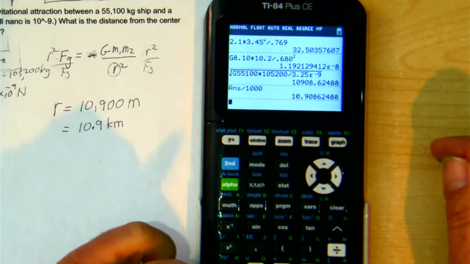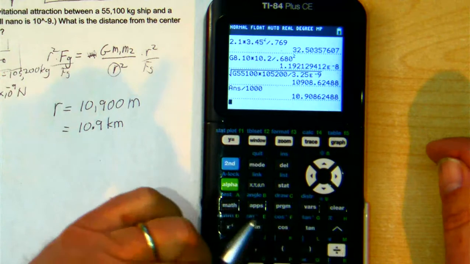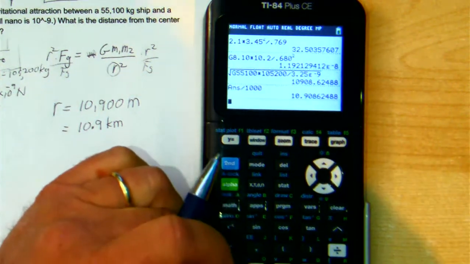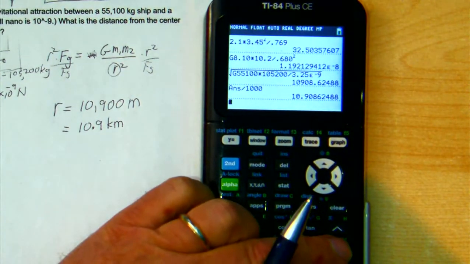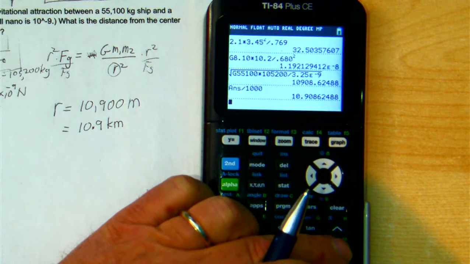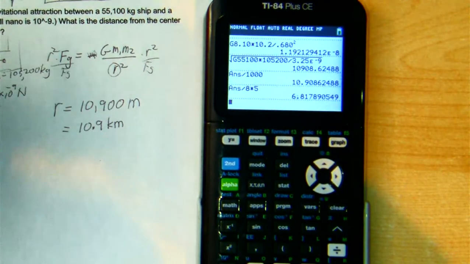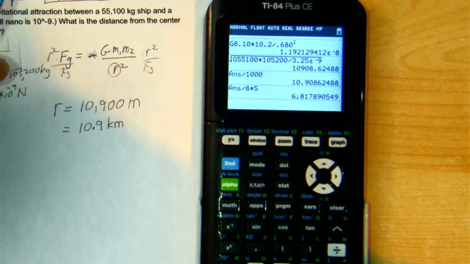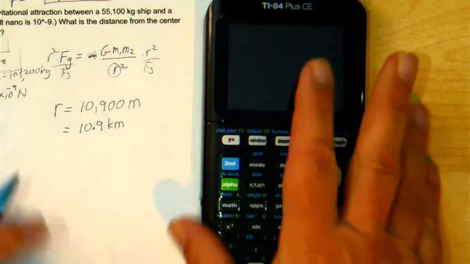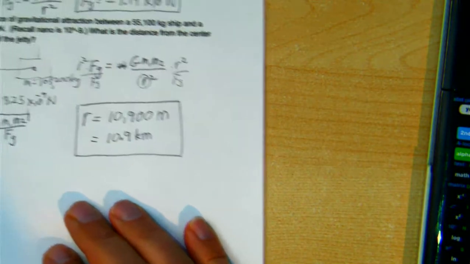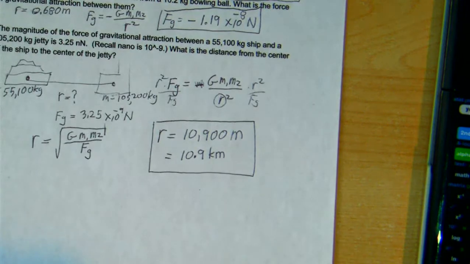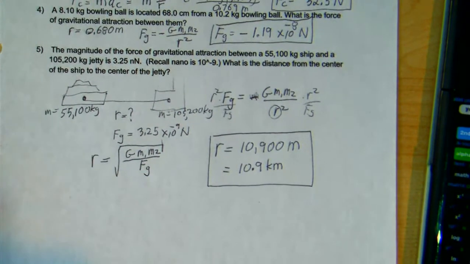And then if you're curious, what is that? 10 divided by 8 times 5, approximately a little less than 7 miles. Okay, a little under 7 miles. And no, I wouldn't expect you to convert the answer to miles. So this concludes the debrief on this review sheet.